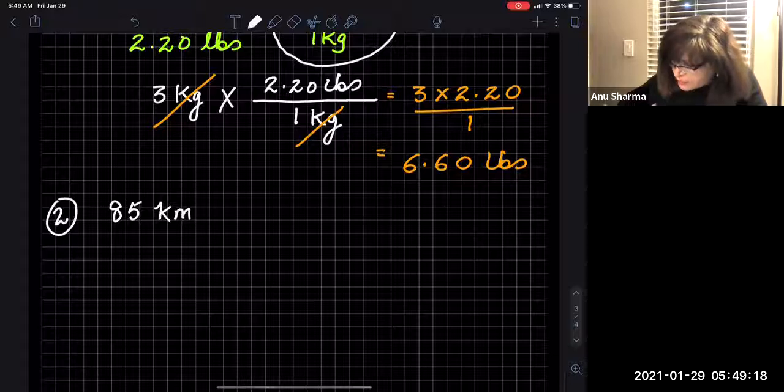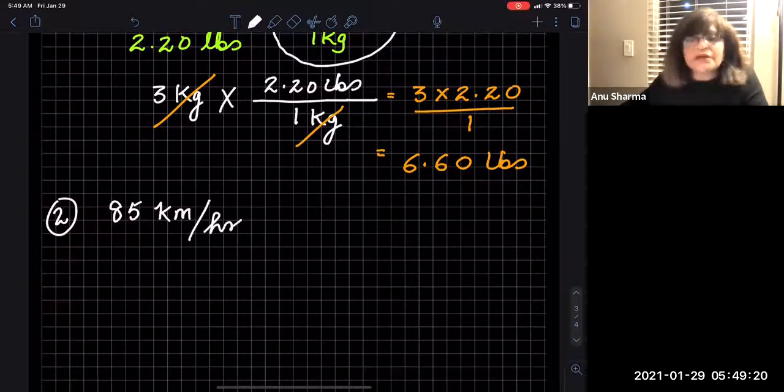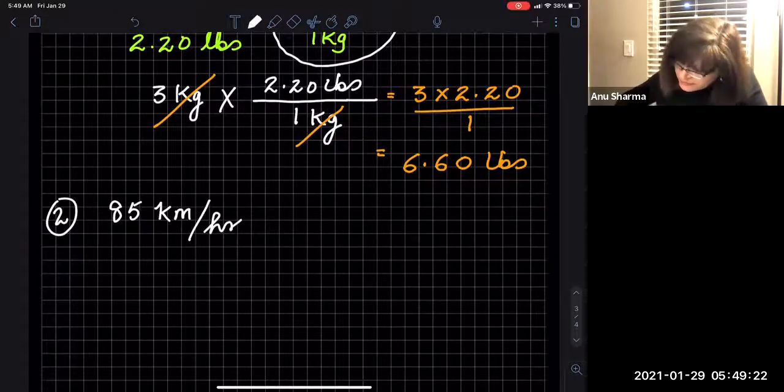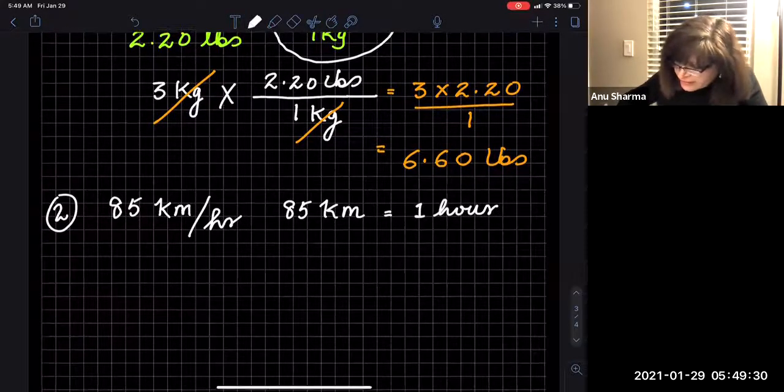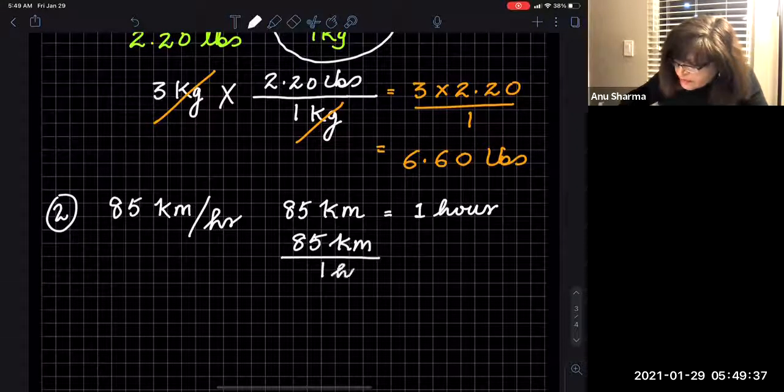So this becomes 85 kilometers is equal to 1 hour. Again, the two conversion factors are 85 kilometers over 1 hour, or 1 hour over 85 kilometers.